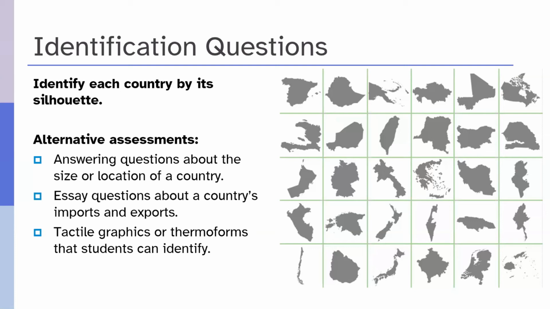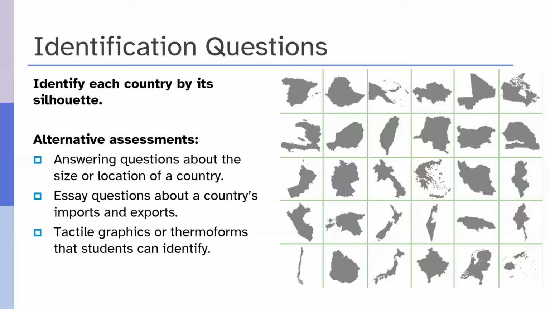And then finally, another way to approach this question, if you did really want that student or a person to learn the exact shape of a country, then you would need to think about providing that information in tactile graphic form, or creating a thermoform where you are tracing the shape or creating the shape out of different materials and then vacuum sealing it.